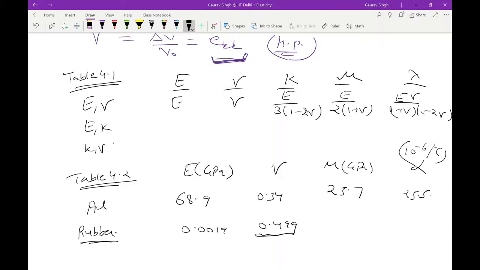That tells a lot about what this should be. Please think about it and convince yourself what this value of 0.499 for nu means. The Poisson's ratio being 0.499. Remember, we have just discussed it. And then you can also have it for steel and other materials.